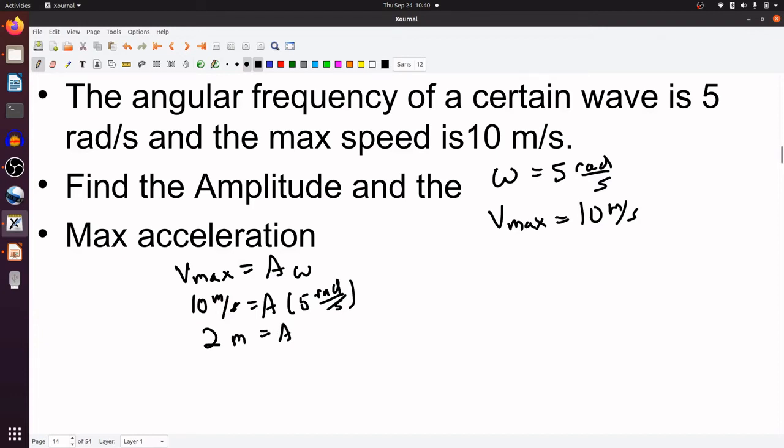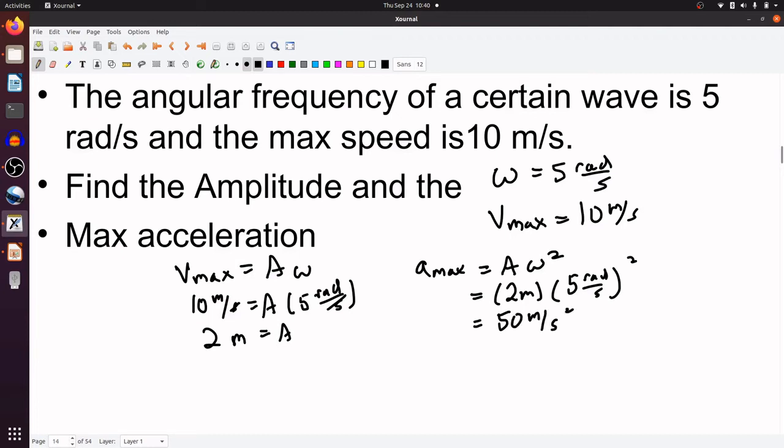Then it wants max acceleration, and from two slides ago, we know that's A omega squared, which we can now find since we have the amplitude. I take my amplitude of 2 meters, plug in my 5 radians per second, and square that, so that's 25 times 2, which is 50 meters a second squared.